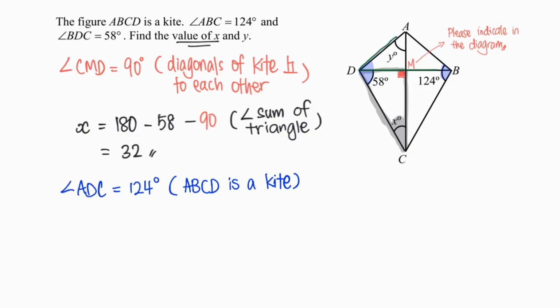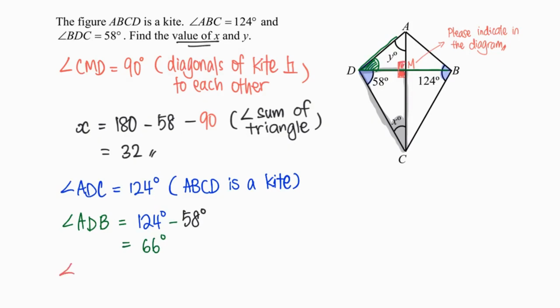So angle ADB is 124 minus away the 58 down there to give me 66 degrees.